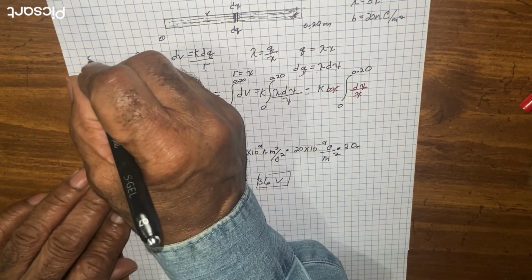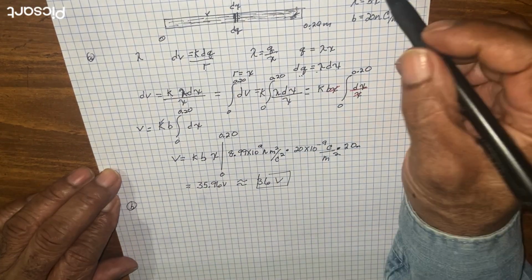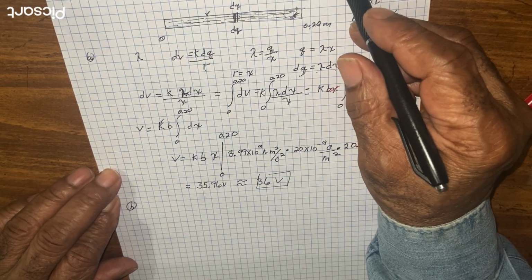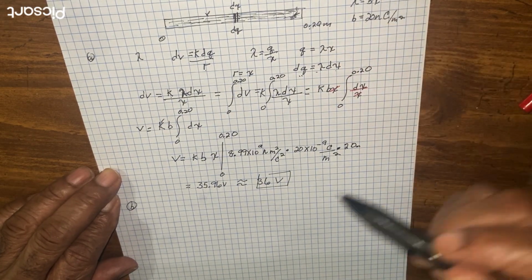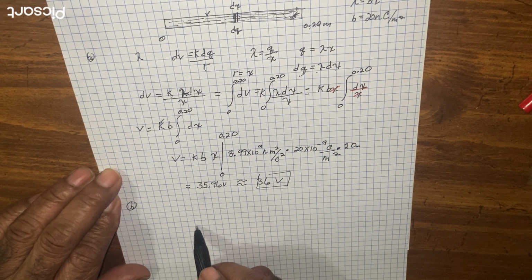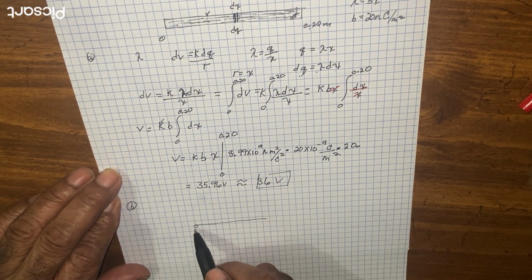That's part A. Part B, they want to know a point Y that's 0.15 meters above the origin. So let's draw our rod again.